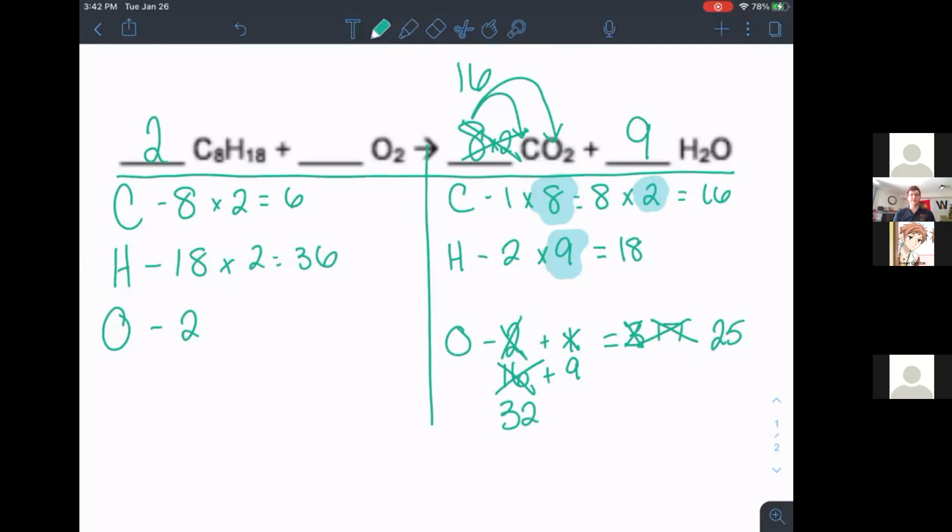We have to do the same thing with our hydrogens. So how much do I have to multiply this one by? My hydrogens.